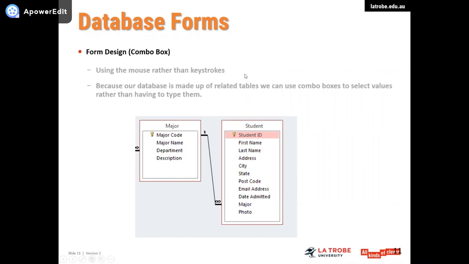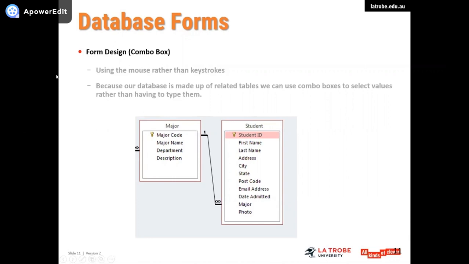You don't need to type everything in, and also you can add some more information to what you want to type in, such as comments. I will show you later. Also, because our database is made up of related tables, we can use the combo box to select values rather than having to type them. So I will show you how to add this combo box.